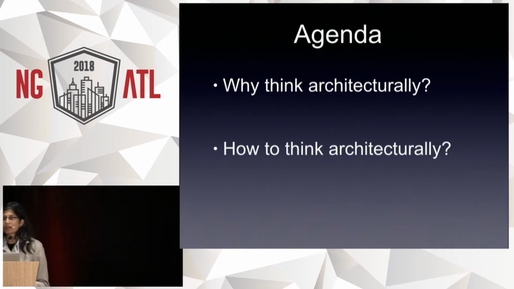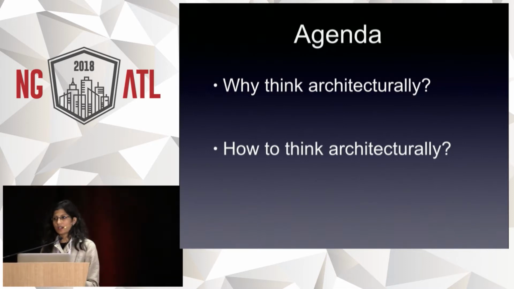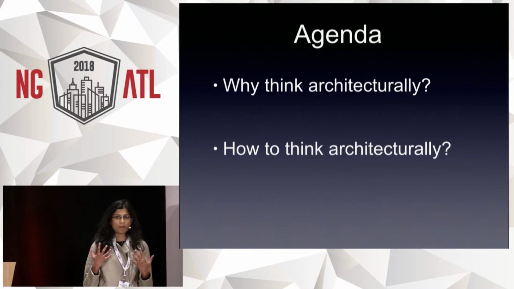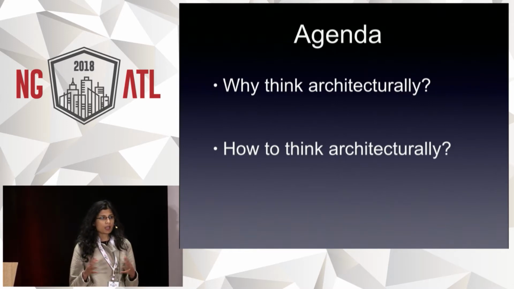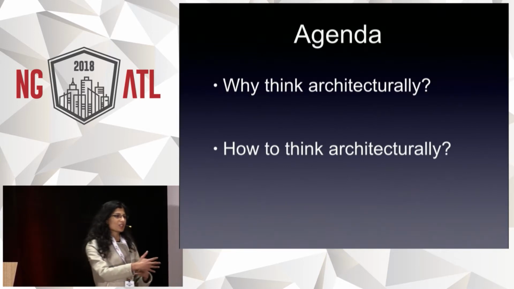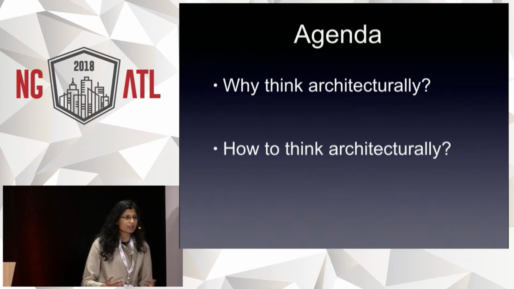We are talking about the process of thinking architecturally. And when I say that, what I mean is how do we go about expanding our minds to think long-term rather than making this one screen, making this one component.